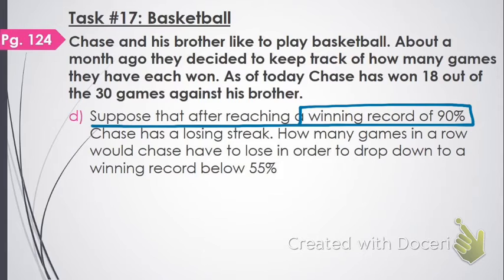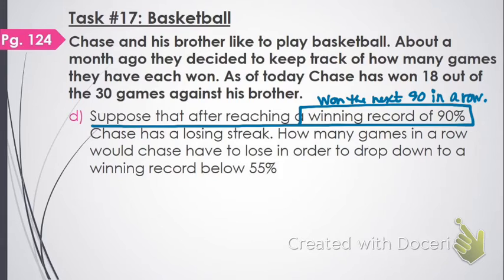Did anybody do the check for part B? If he won the next 90 games in a row, 108 over 120, yes. After you've won games, can you unwin them?